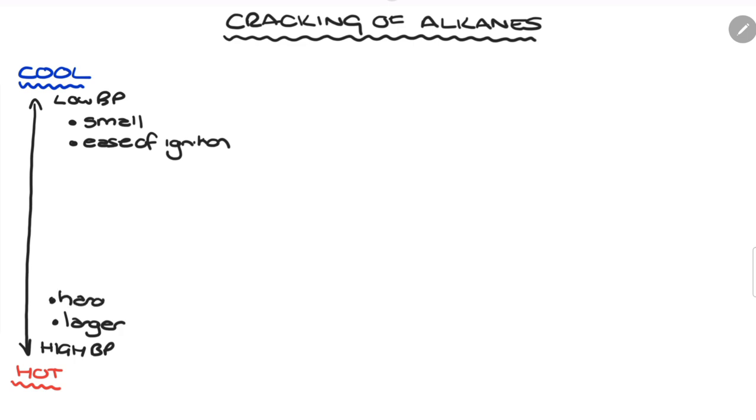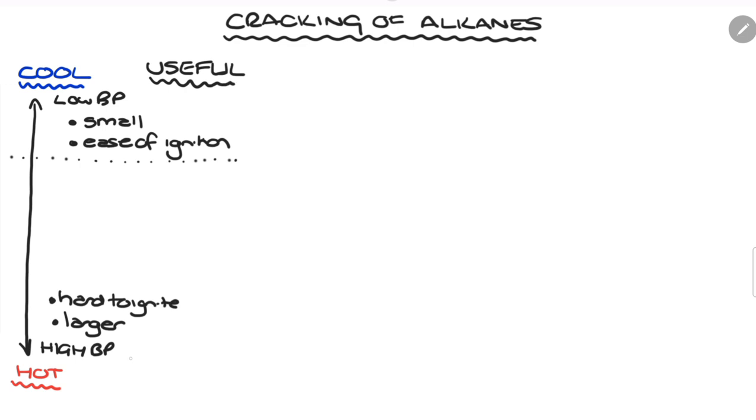A larger molecule is hard to ignite, and if the primary use of a lot of fractions is as a fuel, then having a fuel which doesn't light very well isn't particularly useful. So for the purposes of fuel, the ones towards the top of the column, with a lower boiling point, which are smaller molecules, are easier to ignite, and if they were to combust would probably do so completely. These are much more useful as a fuel.